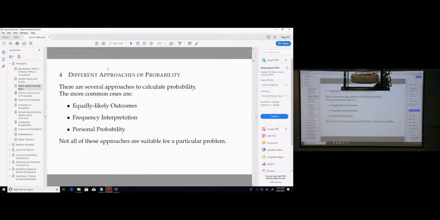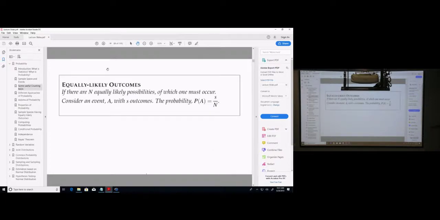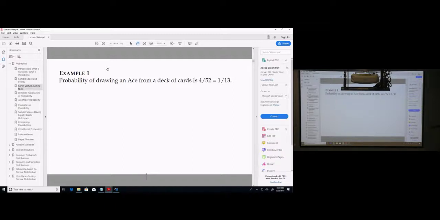Basically everything is done in the head. So the probability of drawing an ace from a deck of cards is 4 out of 52. Here, of course, I assume the deck of cards is well shuffled, so each of the cards is equally likely to be chosen.